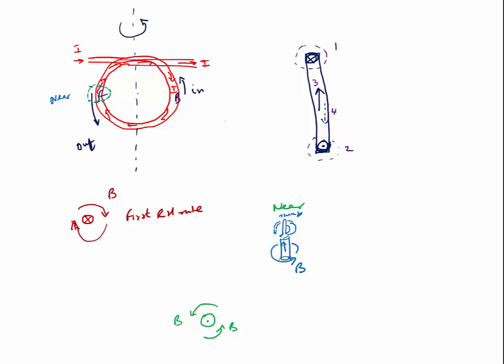And lastly, to complete this, if I take the back end of this segment, which is behind the screen, so this will be the back end or the far end, it'll be this little portion segment over here, and the current in that segment is going down. So now I again use my right hand, make a thumbs up sign, and then I flip it 180 degrees.